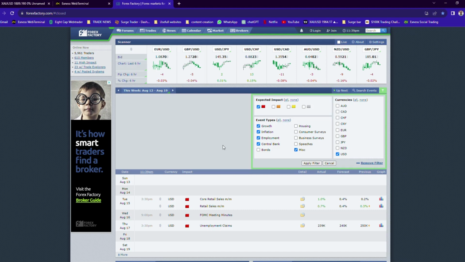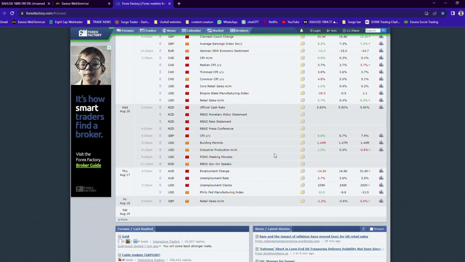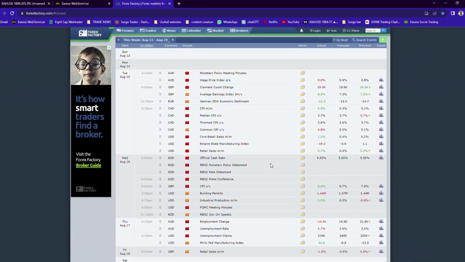I know to some of you this may sound complicated, but you always go to forexfactory.com, check all the boxes on the news and check in all the currencies you want to see news about. Pick the high impact and medium impact right there, apply the filter, and look at all the news that are coming out throughout the week.